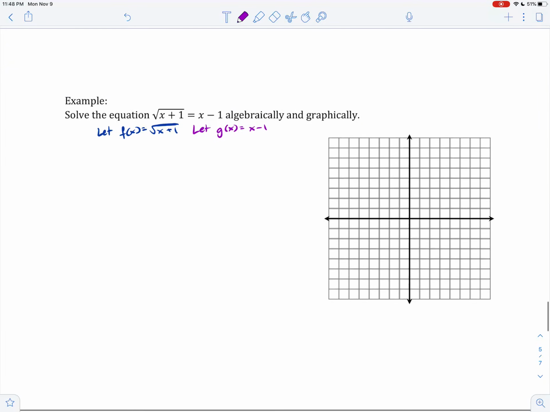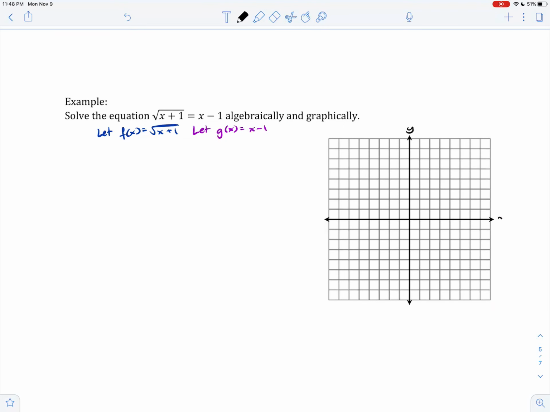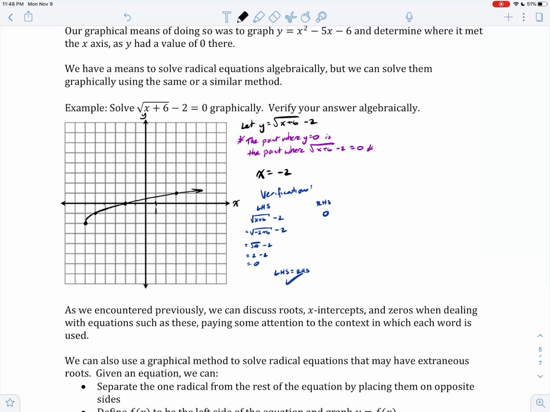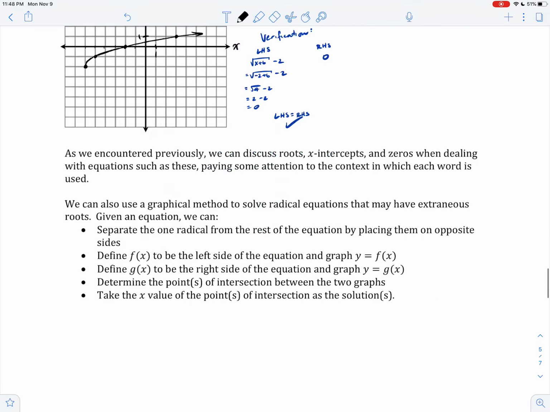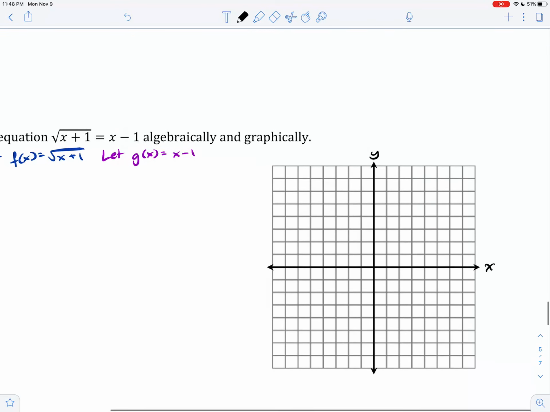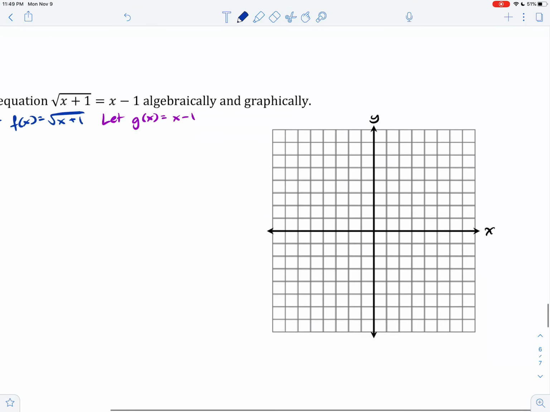And then I can graph each of those. Speaking of scales, there should probably be one over here. That can be one. That can be one. All right, I graph these things with my beautiful color coding. So root of x plus 1, that's just the parent function shifted 1 to the left.